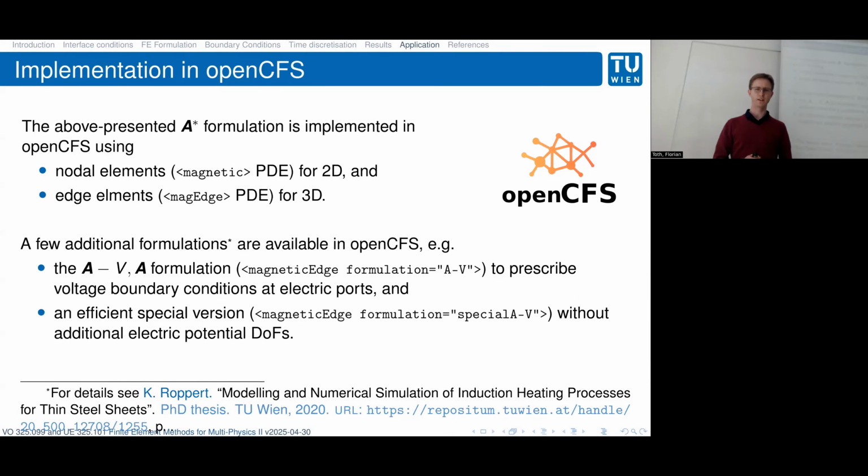You can use this formulation tag on the magnetic edge PDE tag to activate those, where you can prescribe voltage boundary conditions at electric ports, or the more efficient version, this modified AV formulation, where you don't have to solve for any voltage degrees of freedom, as was explained beforehand. So this is then called in openCFS spatial AV formulations. Again, details are available in Klaus Robert's PhD thesis.